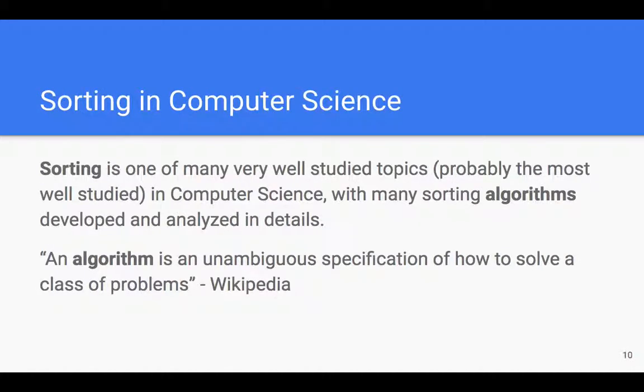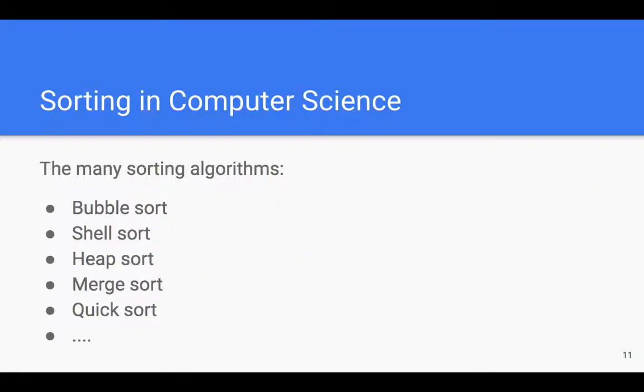Sorting has been very well studied in computer science, probably the most well studied topic in computer science. There are many different sorting algorithms that have been developed over time and analyzed in excruciating detail. If you remember, an algorithm is just a way of doing things, how to solve problems. Like I said, there are many different sorting algorithms: bubble sort, shell sort, heap sort, merge sort, quick sort, and all sorts of things.